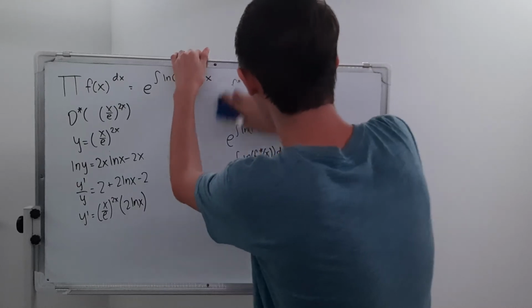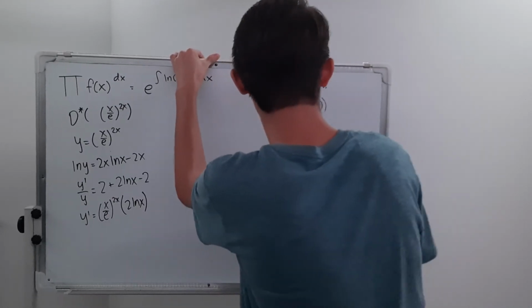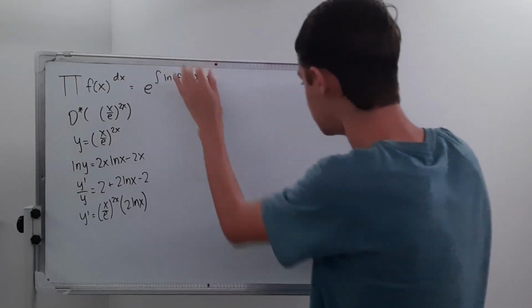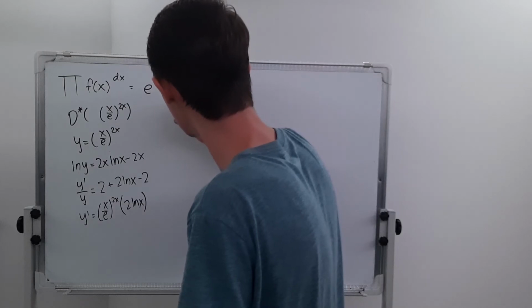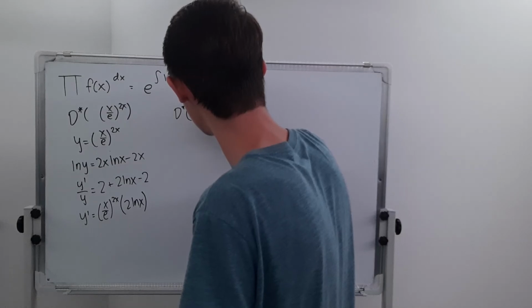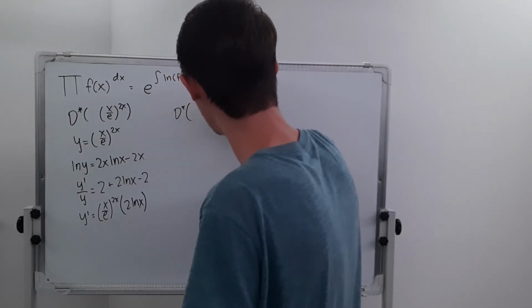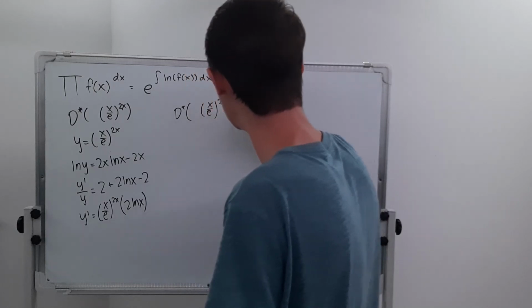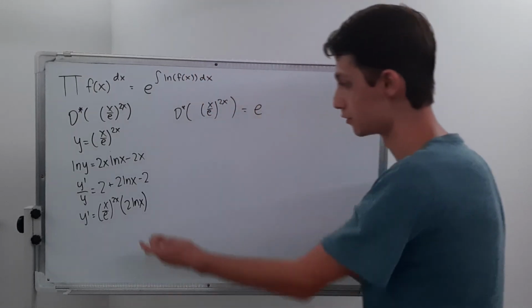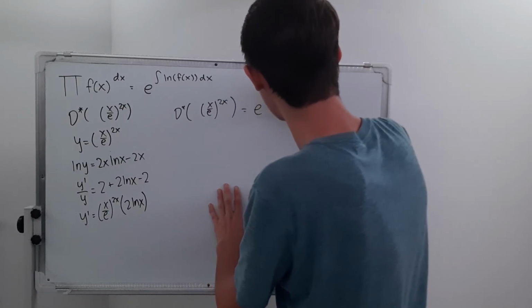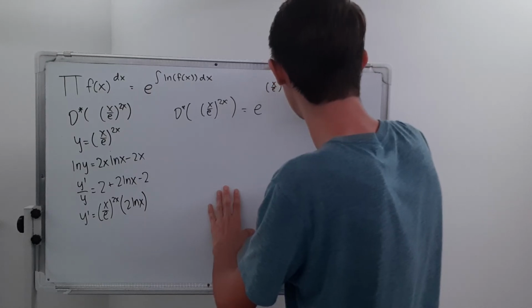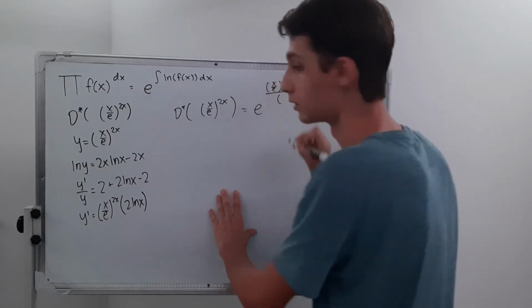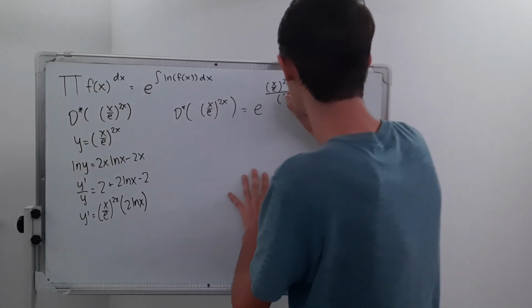So D star of c times x over e to the 2x, let me get rid of the c, is going to be equal to e to the f prime, which is x over e to the 2x times 2 ln x, over our original function, which was x over e to the 2x.